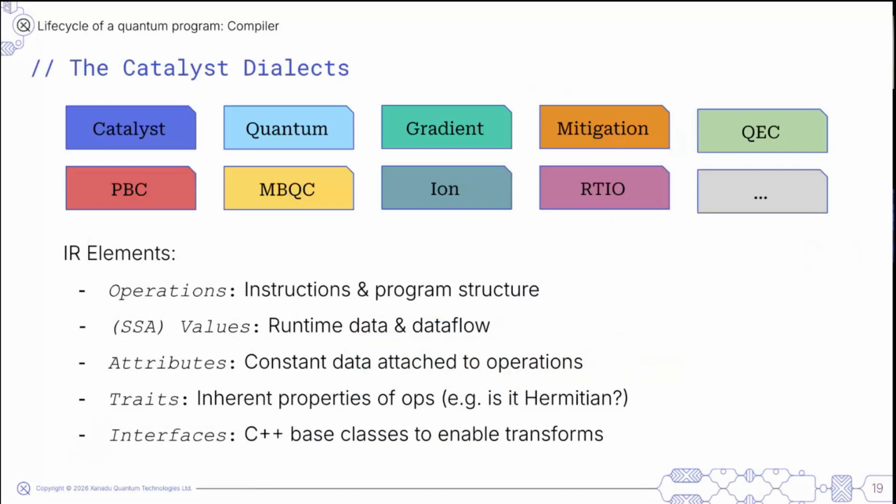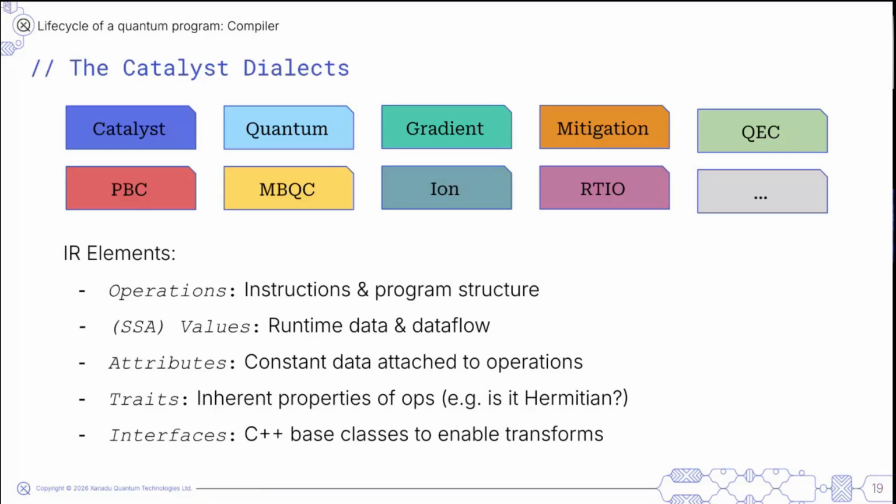I'm going to mention a little bit on the Catalyst dialects. As I said, the dialects in MLIR are the language we want to express for given quantities we care about. So Catalyst has multiple different dialects: quantum operations, gradients, error mitigation, quantum error correction, PBC-based computation, the OpenQASM model for photonic systems, even ones for ion traps and real-time IO ops.